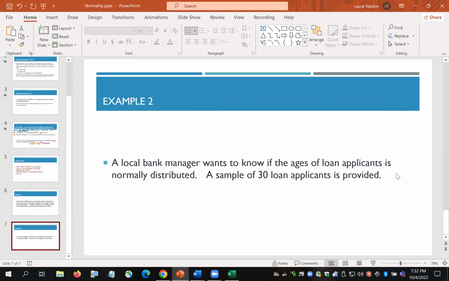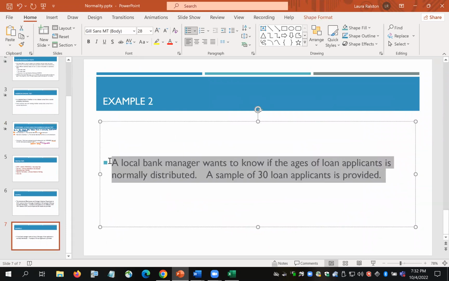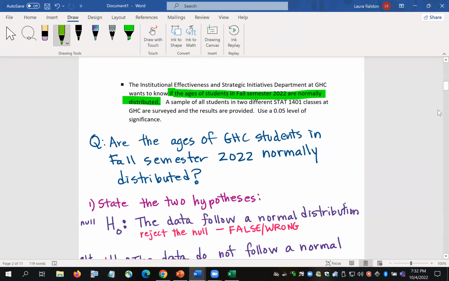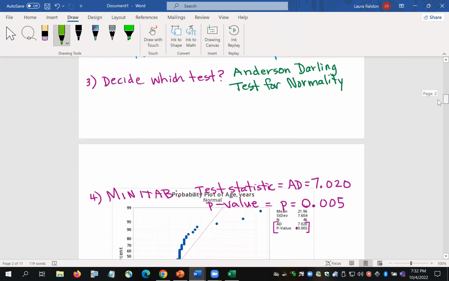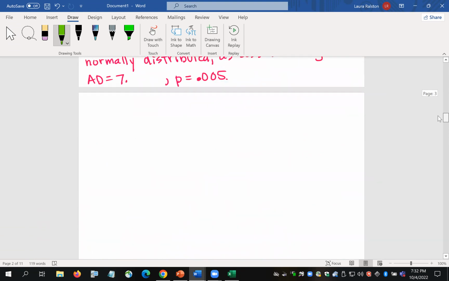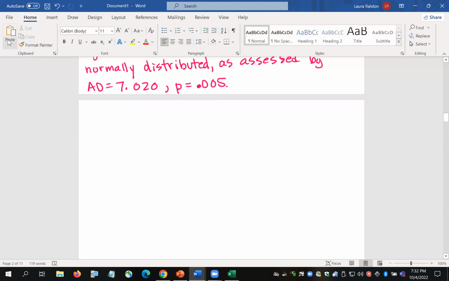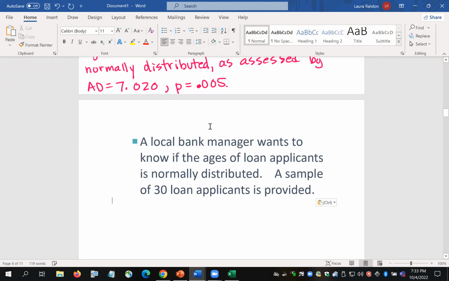Okay, the second example says, a local bank manager wants to know if the ages of loan applicants is normally distributed, and a sample of 30 loan applicants is provided.